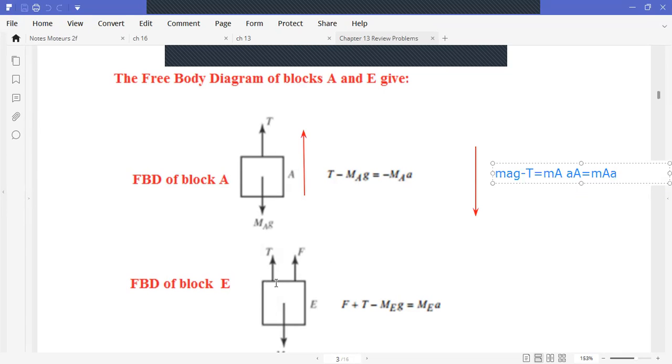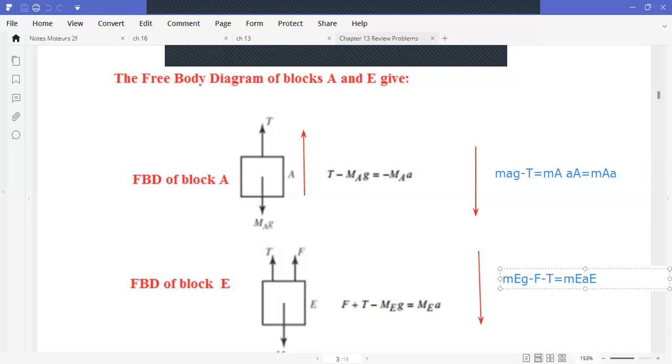Okay, clear? Now, if I consider block E, I can take the downward direction, which I advise you to do, to not put minus. If I take the downward direction, what will be my equation? My equation will be m_E g minus F minus T equals plus m_E times a_E. Is it a or minus a?